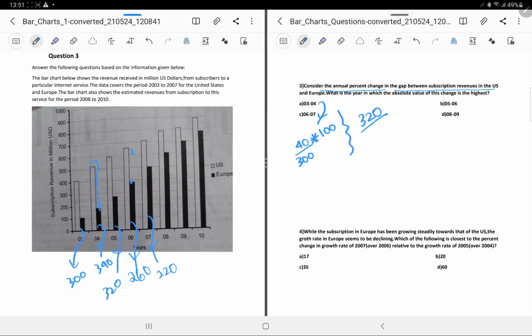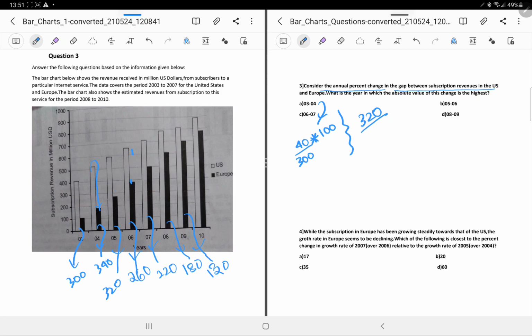Now compute for 08. For 08, I can see this is roundabout 90 plus 90, 180. And for 09 it is, just say 80. No, this is 120.